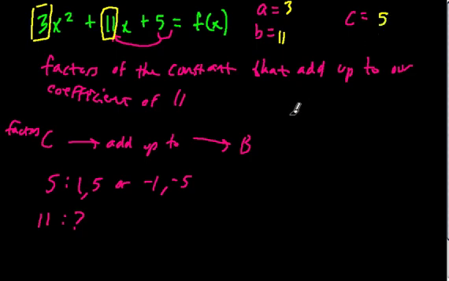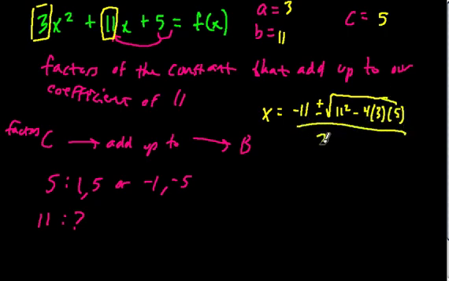So in our quadratic formula, x equals minus b, so minus 11, plus or minus the square root of b squared, so 11 squared, minus 4ac. That means 4 times a, or 3, times c, or 5, all over 2 times a, or 2 times 3.